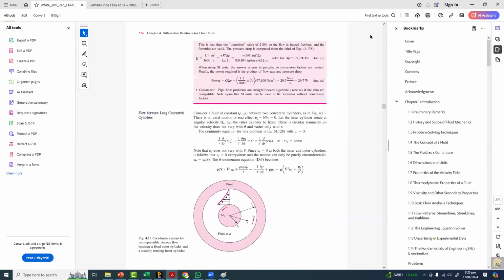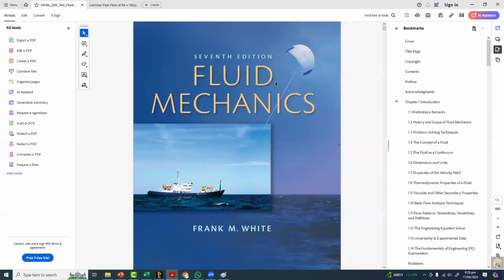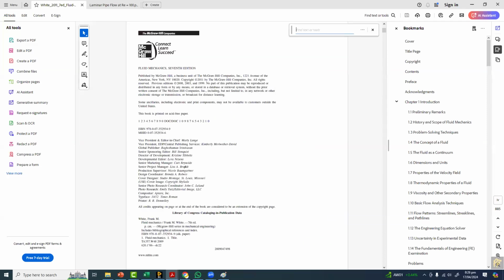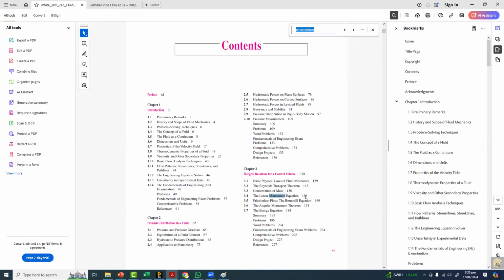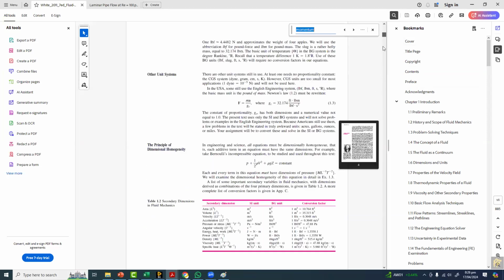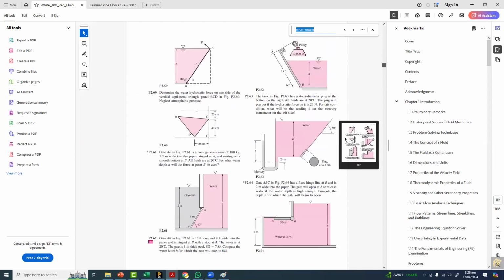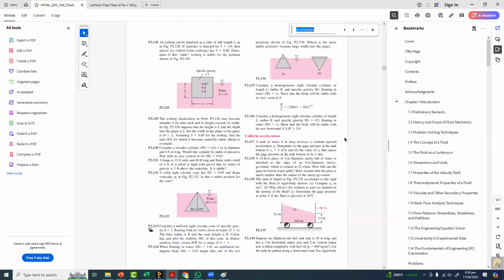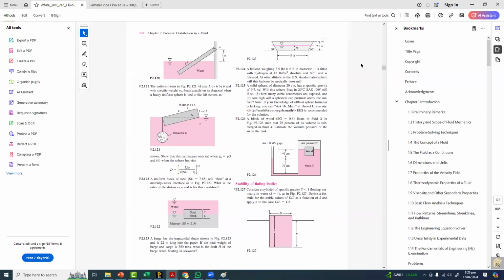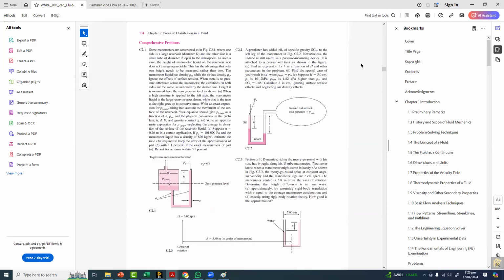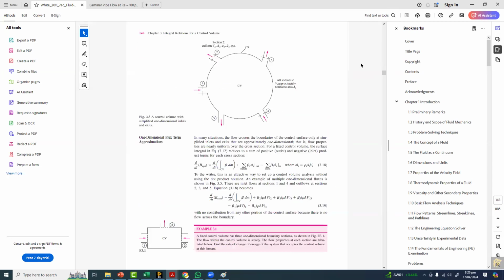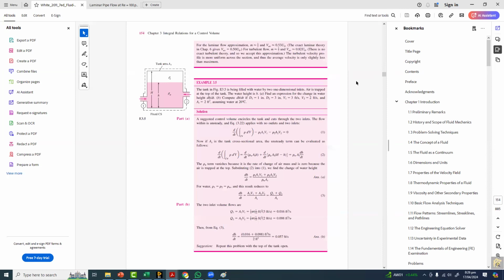You can find those equations from the table of contents, or you can write momentum equation in the search bar. From here actually.